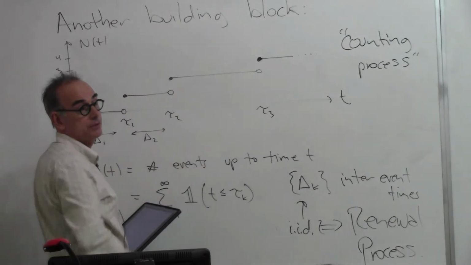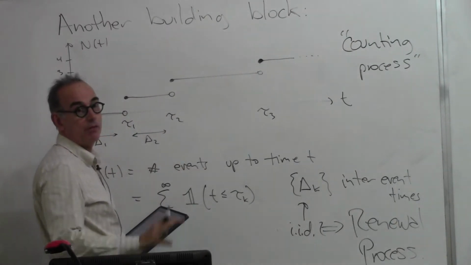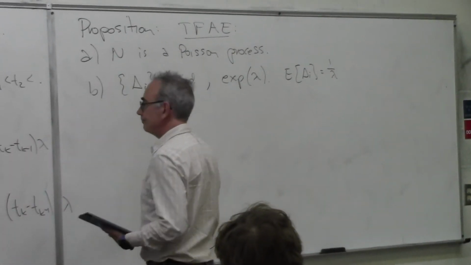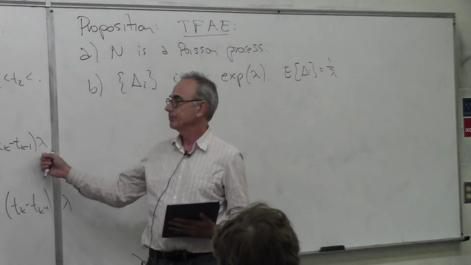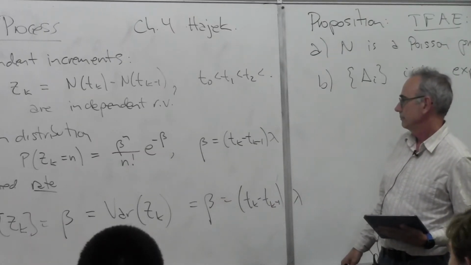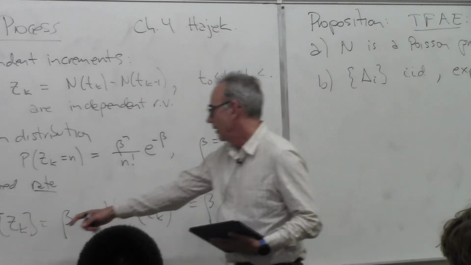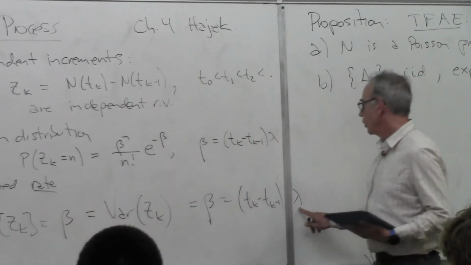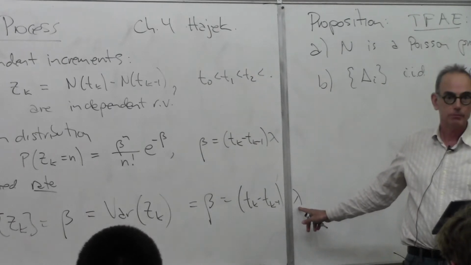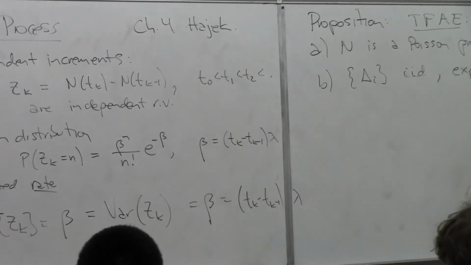So you have a lot of events per second. That's why there's an inverse relationship. The mean of the increment grows with lambda because you have a lot more events if the mean of delta is small. Clear?